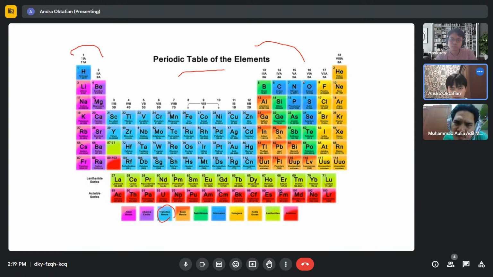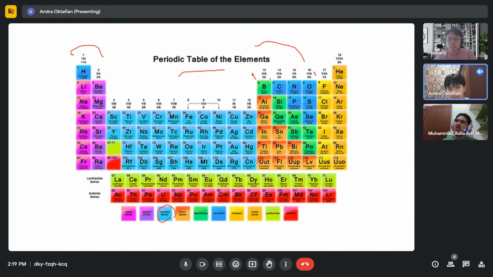I mean from 3A up to 6A, they are also diverse. As you can see, the color orange indicates the basic metals. It consists of aluminum, gallium, indium, tin, thallium, lead, or timbal in Indonesian, and etc.